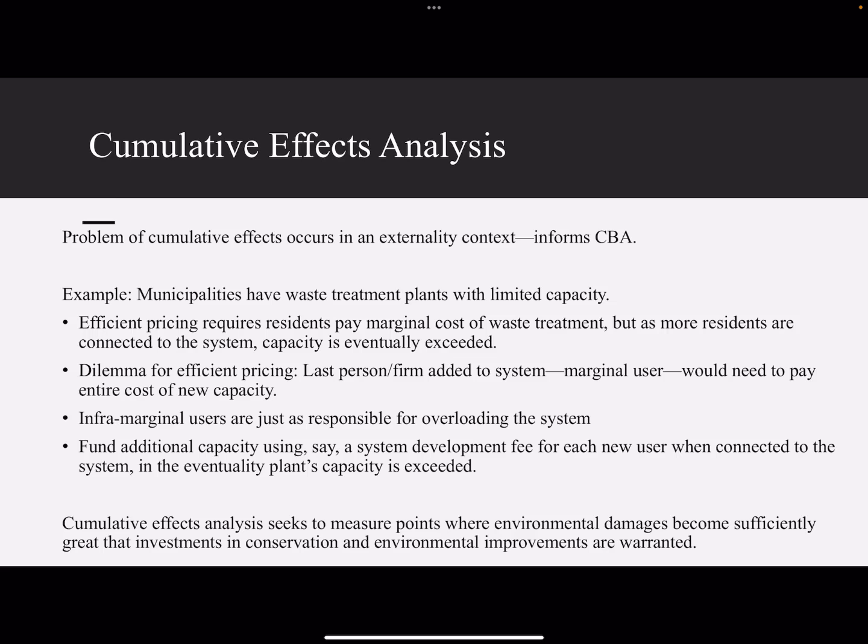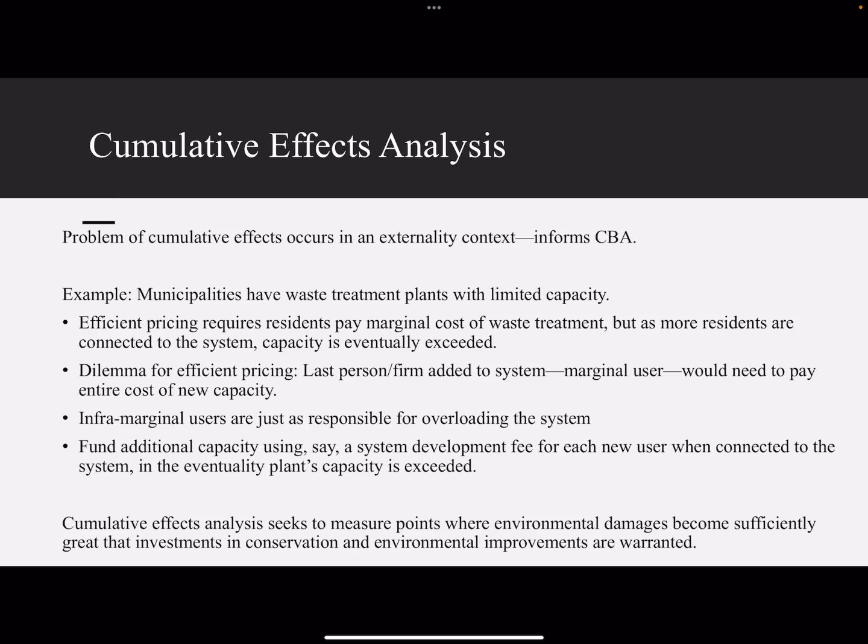So to fund the additional capacity, you need to use a system development fee, for example, so that each new user, when they become connected to the system, they have to pay this fee. And eventually, you'll have enough funding to replace the plant once its capacity is exceeded.